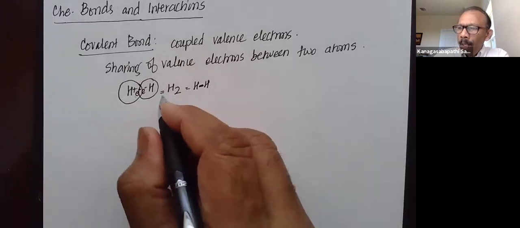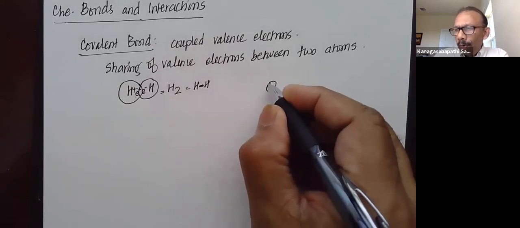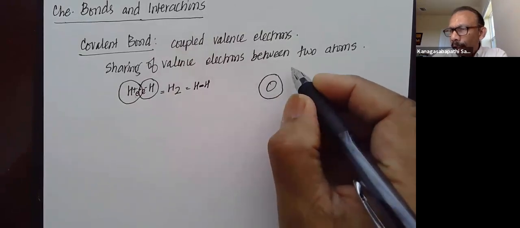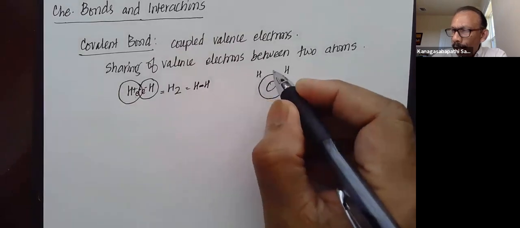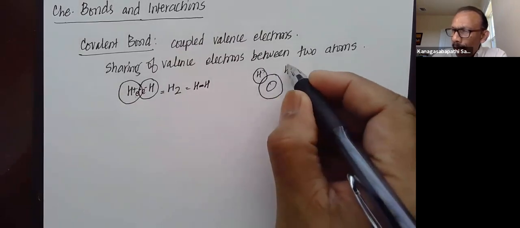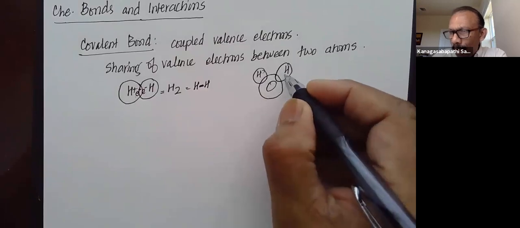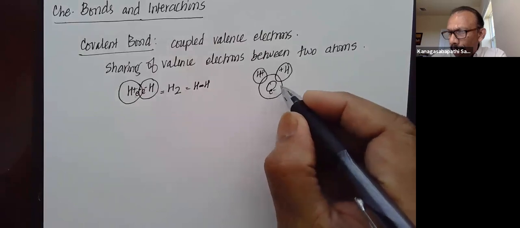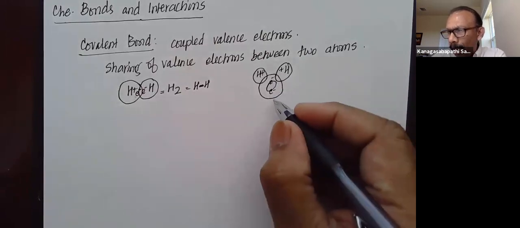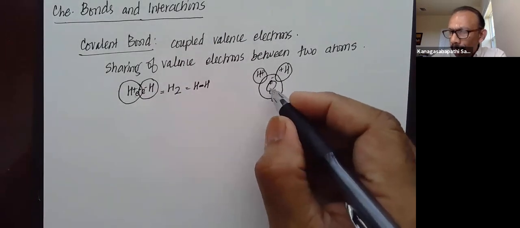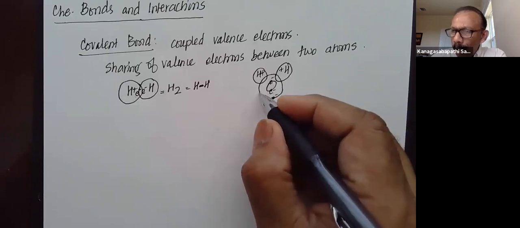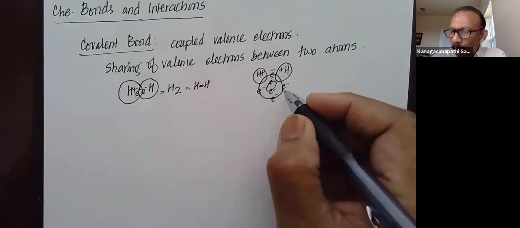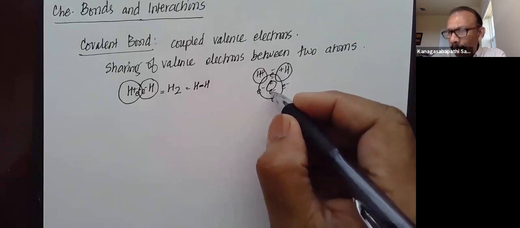Another example of a covalent bond is between oxygen and hydrogen. This is the hydrogen, which has one proton and one electron. The oxygen has two electrons in the middle and four electrons outside, making six.